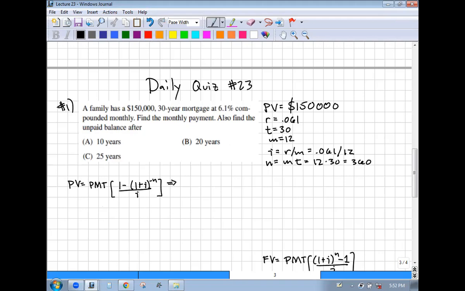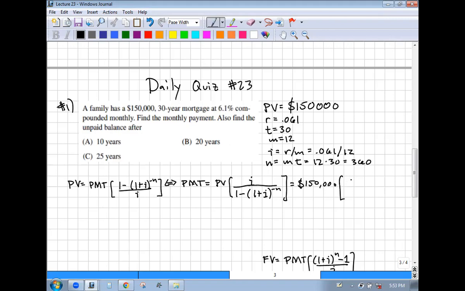We want to know what the payment is, right? Find the monthly payment. So the payment, basically we just divide both sides by this fraction, and dividing by a fraction is the same as multiplying by its reciprocal. And we plug these in, we have $150,000.